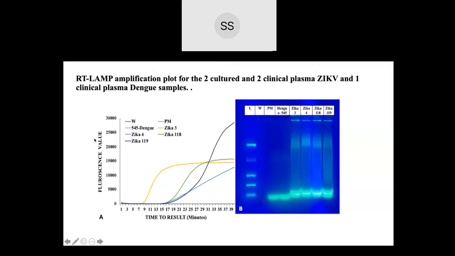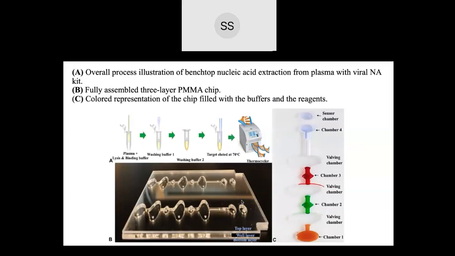At the same time, the dengue sample did not show any sign of amplification, validating that these primers are specific to Zika virus, and do not provide false positive results with other arboviruses such as dengue in this case. And further, we validated these test results with gel electrophoresis and observed long sharp bands in the wells containing Zika targets.